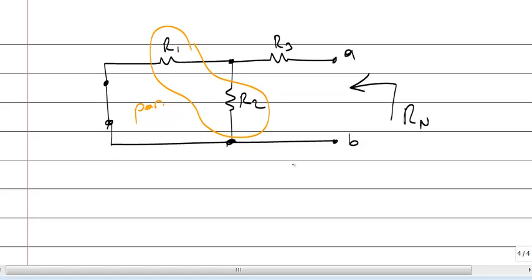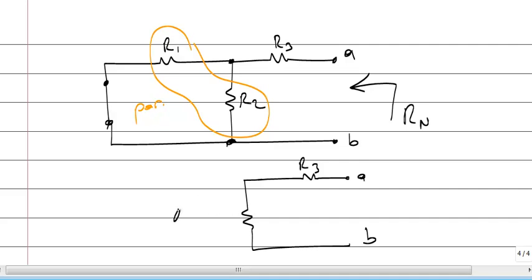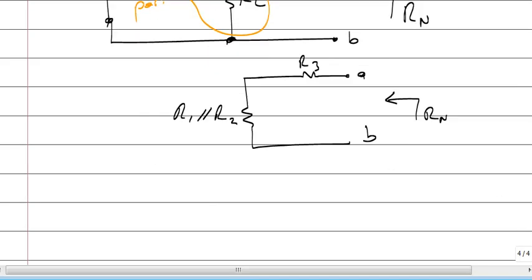So let me redraw my circuit. This is R3, A, B, and this is the combination R1 parallel with R2, and the resistance that I will read will be the Norton's resistance. How are these connected?